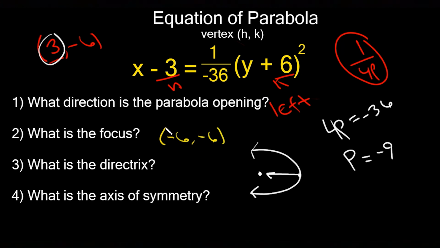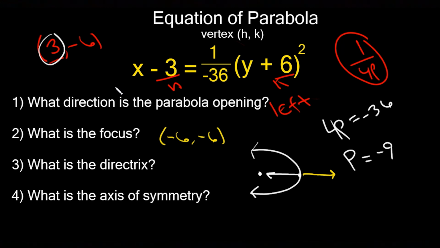Then on number 3, it's saying, what is your directrix? Well, your directrix is just going in the opposite direction. So if I start at the vertex and I go to the right, that's going to give me my directrix. And again, it's going to be a distance of p, or in this case here, a distance of 9. So since I'm going to the right, I'm going to add 9 here. I'm going to do 3 plus 9, and that will give me 12.